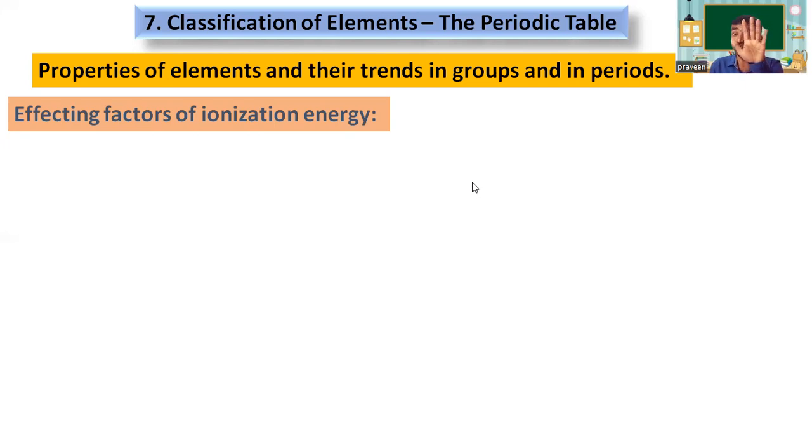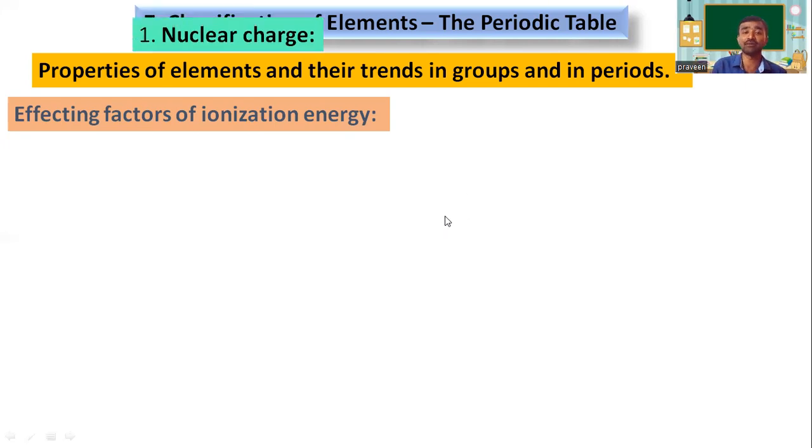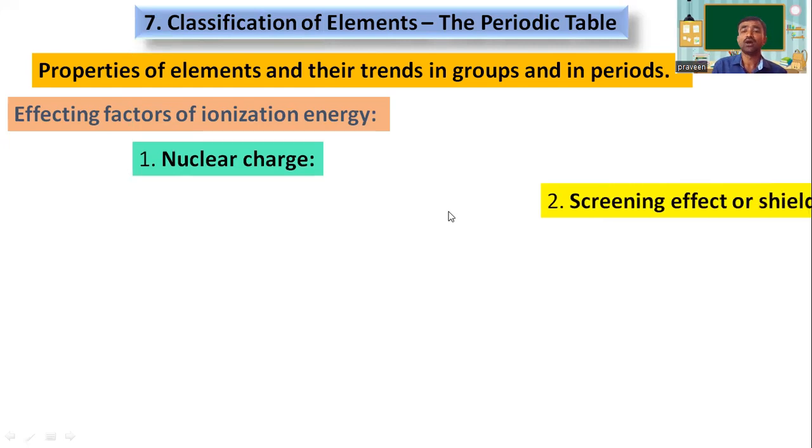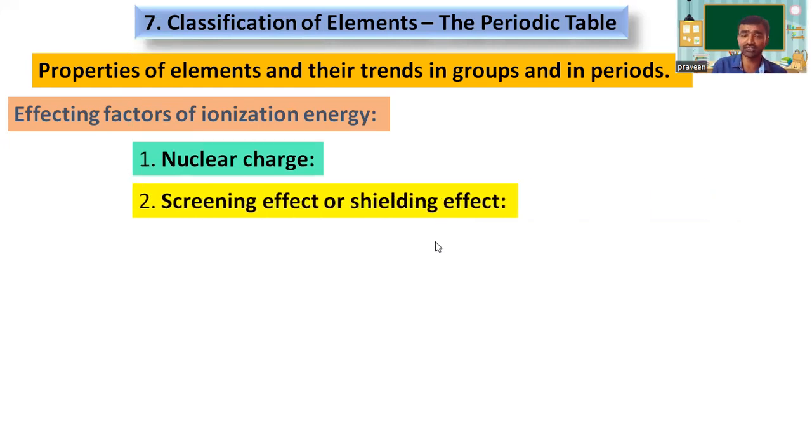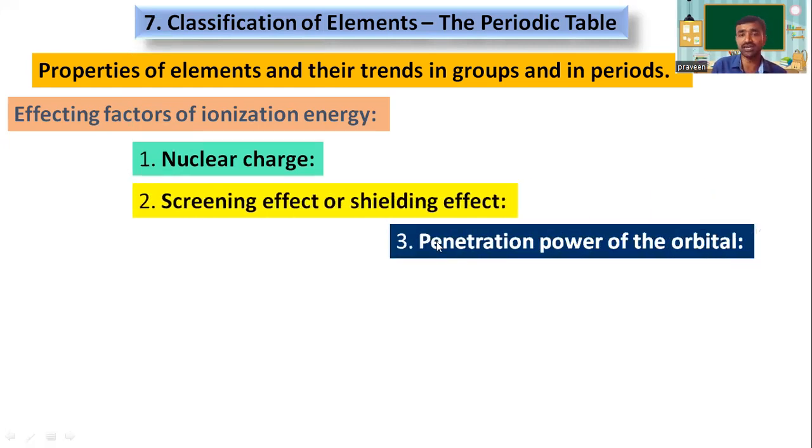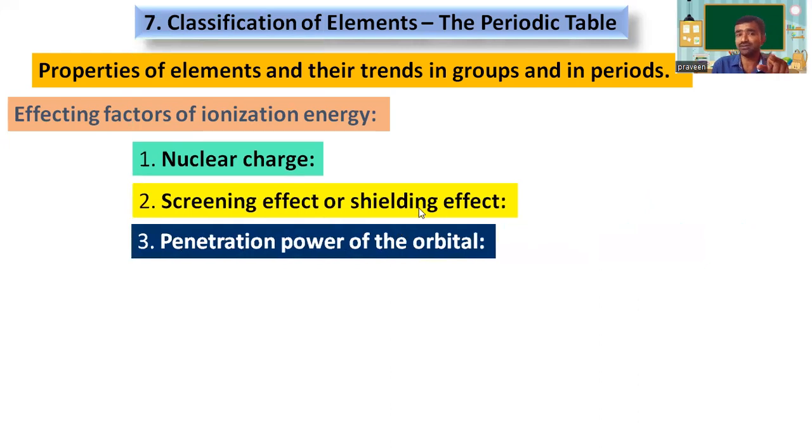Likewise, we have 5 factors: nuclear charge, atomic size or atomic radius, then screening effect or shielding effect, which I will discuss with you. This is nothing but atomic size only, because the number of shells is added. Then the penetration power of the orbital, which we discussed earlier.